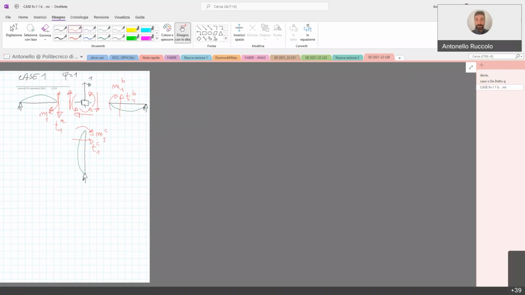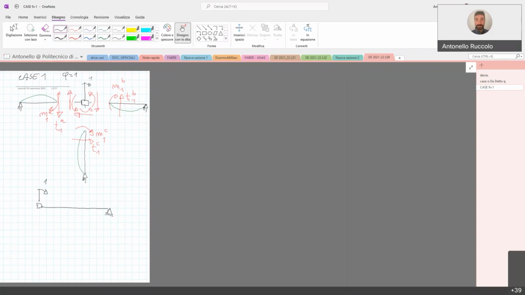And now we want to know the values of these forces. The case we have to refer to is this one. So we have one imposed rotation at the beginning of a beam, and the other end of the beam allows for rotation.